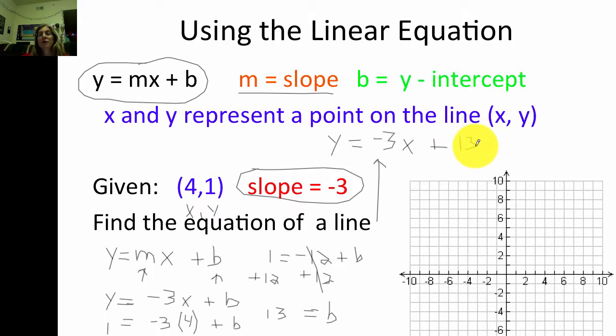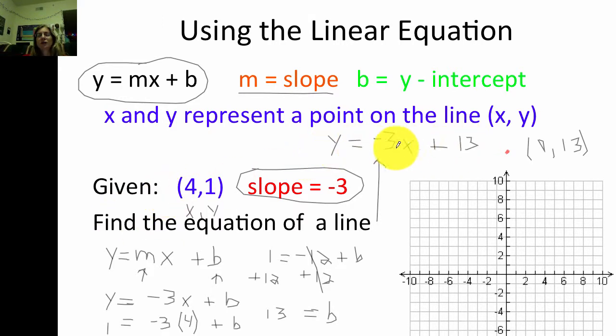The special b is our y-intercept, so it is a point. The point is 0, 13. That means 0 is the x value, 13 is the y value, so that y-intercept is really way up here in this hinterland. But that's only a point on the line.